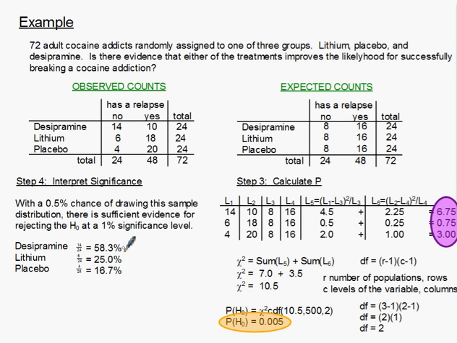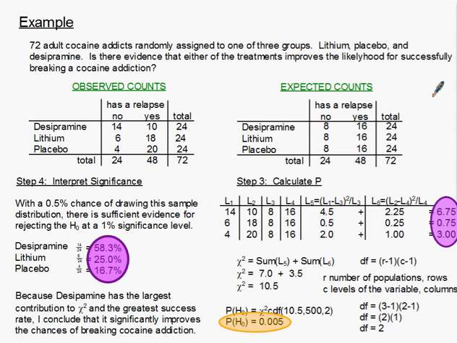For desipramine, what percentage didn't ever have a relapse? Well, pretty high, almost 60%. Lithium, a little bit lower. Placebo, even lower. So we're going to use those also as a magnitude and direction discussion.